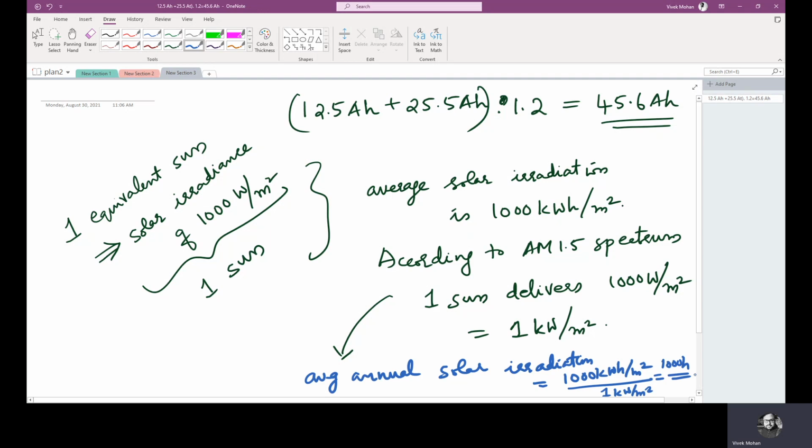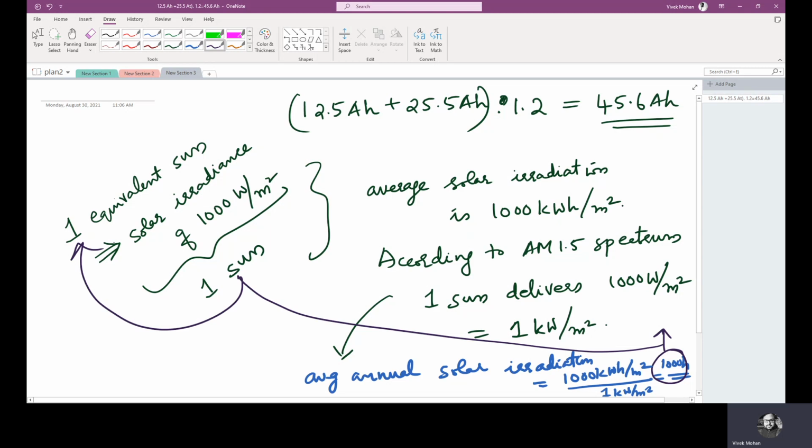Okay, so this is the Dutch average annual solar irradiation: when the annual solar radiation is 1000 kilowatt hours per meter squared, and one sun delivers 1 kilowatt per meter squared, we get 1000 equivalent sun hours.